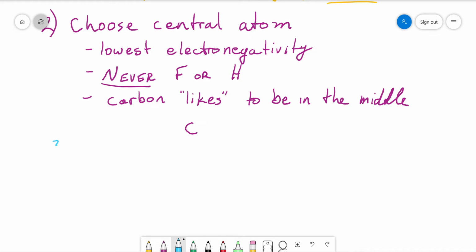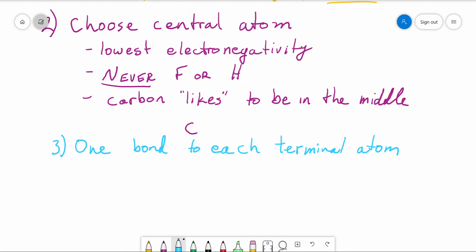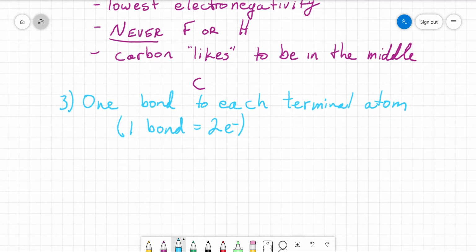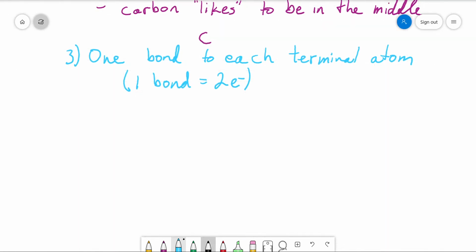Number 3. We place 1 bond to each terminal atom. And we want to bear in mind that 1 bond equals 2 electrons. And that'll make sense why that's important.